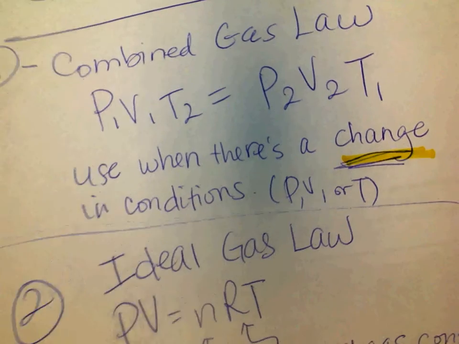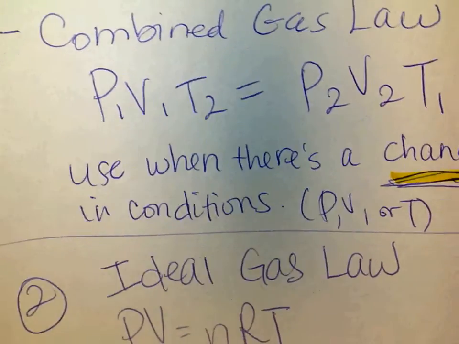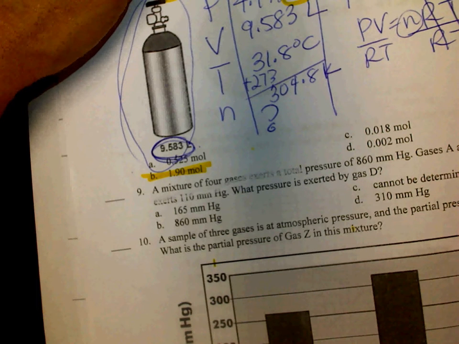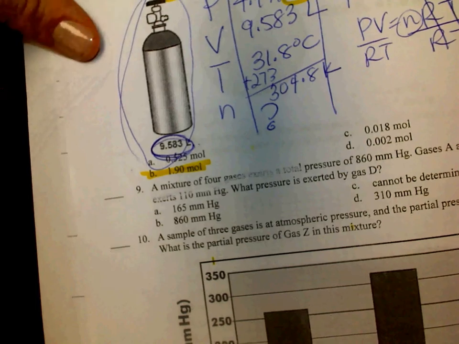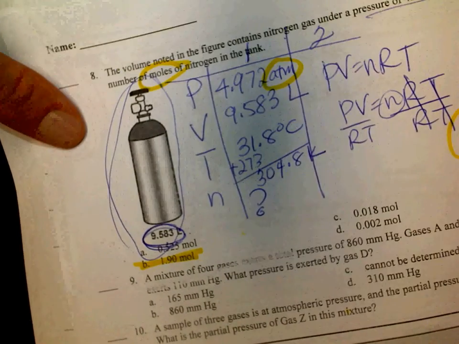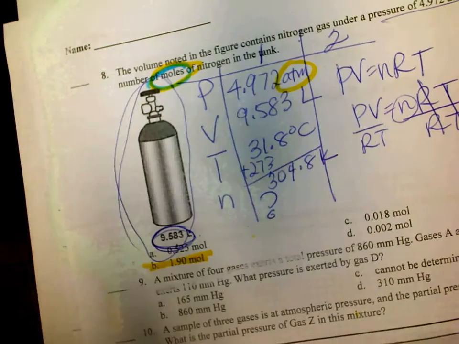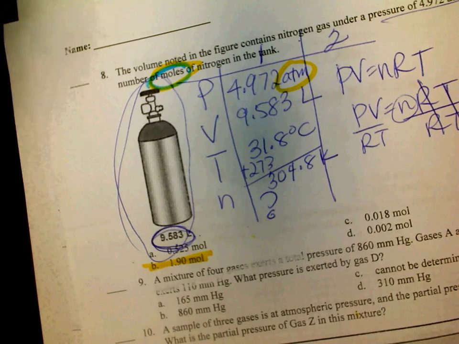That way you still have to do a little thinking, but you know what to do and you're using your notes. The only clue word on this one is moles. That's your clue. If you see moles, right on. Okay?